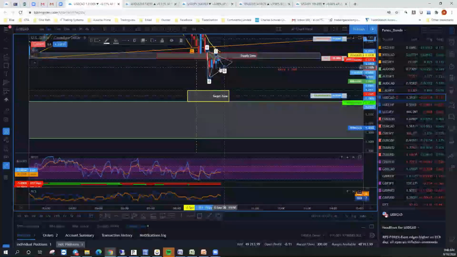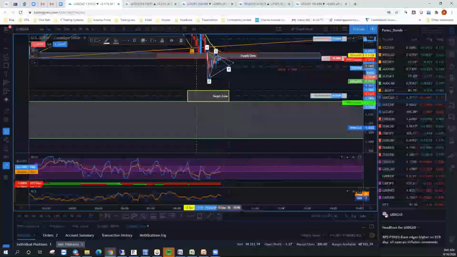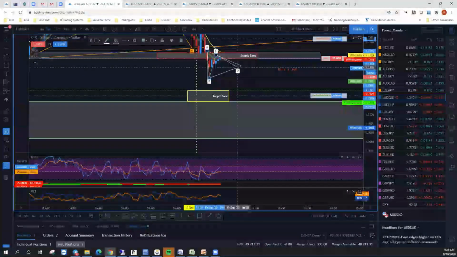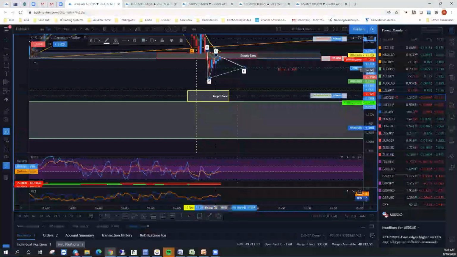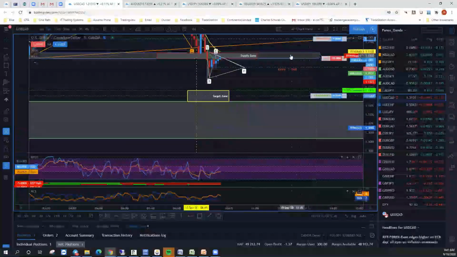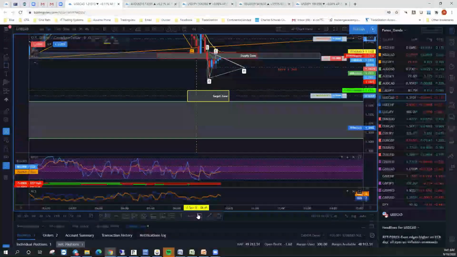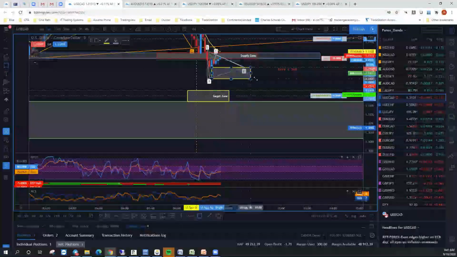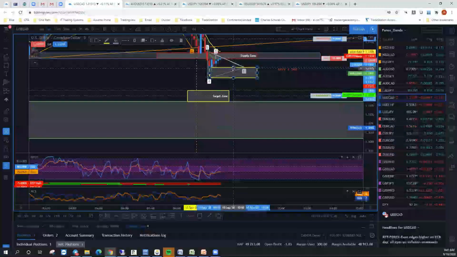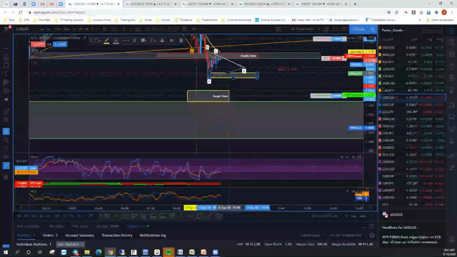And so if we do get a break somewhere in here, then I'd be looking at this supply box that we draw. I want to see it close somewhere in this area, below the blue candle or below the wedge, whichever comes first.